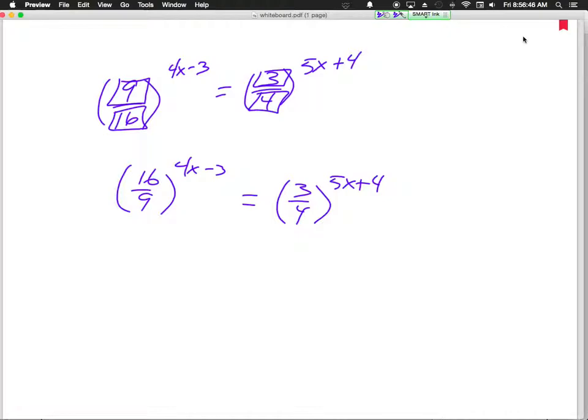Negative. So that means I need the 9 to be on top and the 16 to be on bottom. I make my exponent negative, and that will flip it for me. So keep that in mind whenever you come up with that. Alright, so there's the first, very good, Nick. There's the first type of exponential equations.